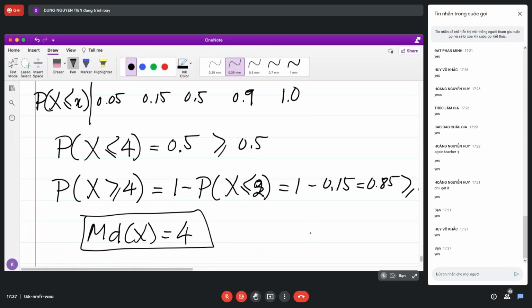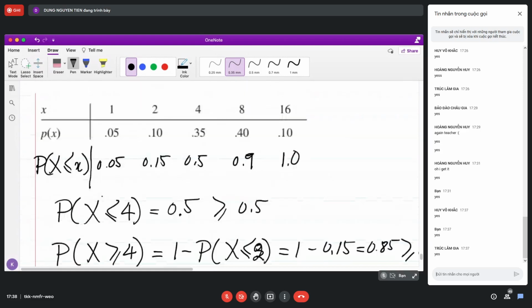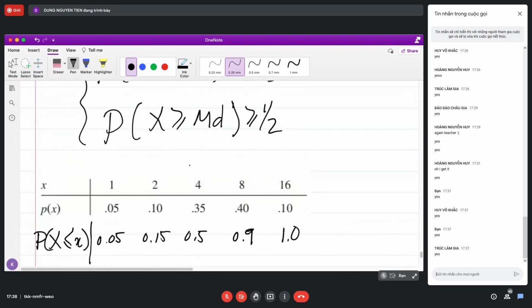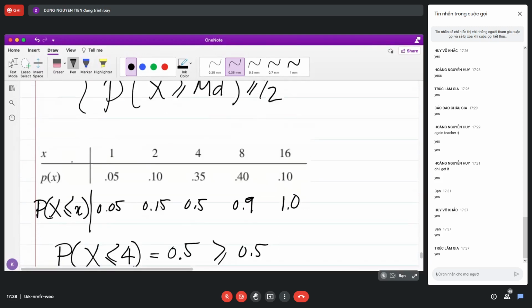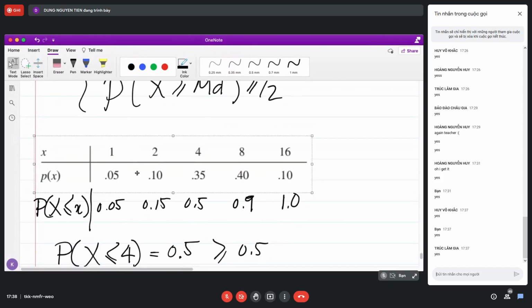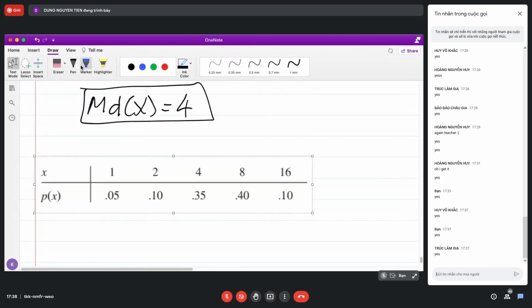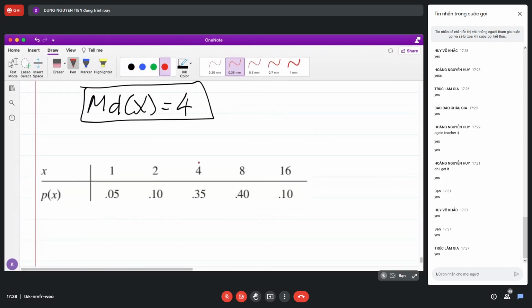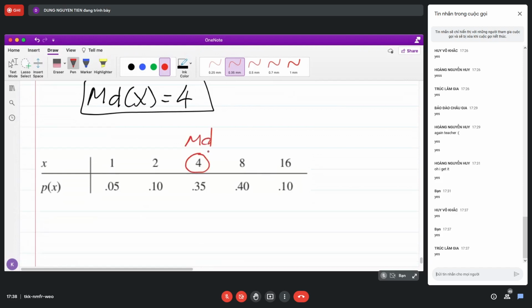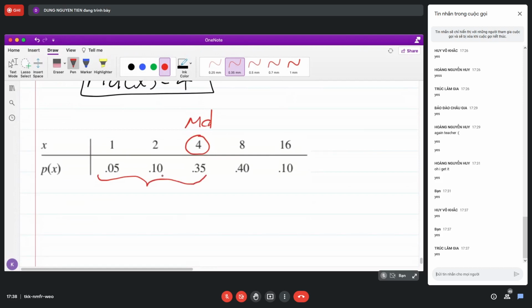So if you have a distribution like this one, then you need to find the points such that, you say that 4 is the median if the probability that X is less than or equal to 4, the sum of all these numbers, is greater than or equal to 0.5, and the sum of these numbers is greater than or equal to 0.5 as well.